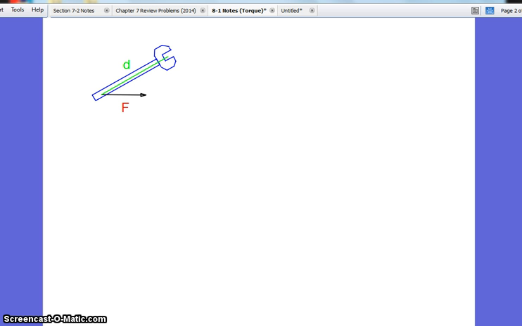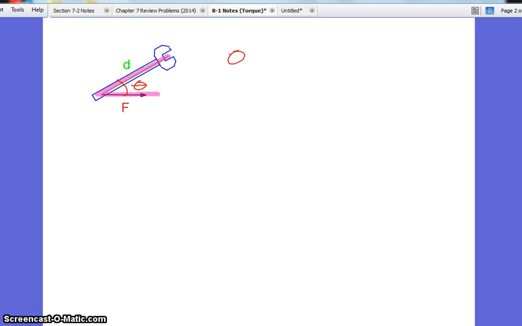Well, to figure out the angle, you want to use your pen, pencil, or finger and draw a straight line from the axis of rotation to the force, and then draw in the direction of that force. The angle that you have just made is going to be the angle that you use in your equation.